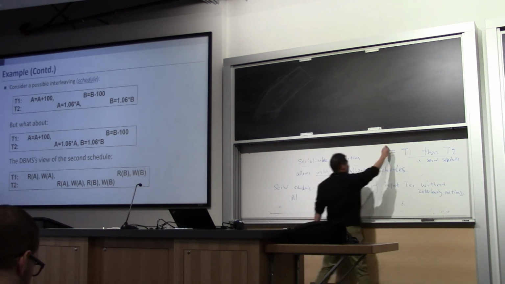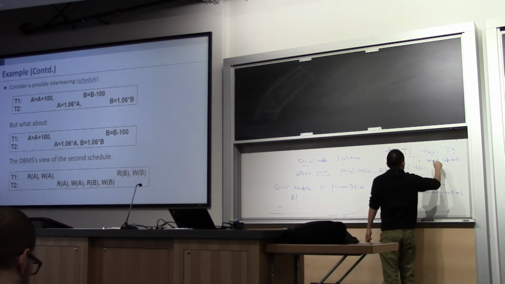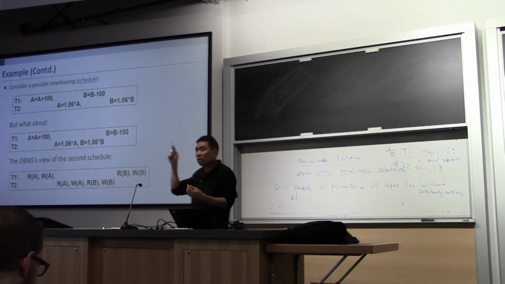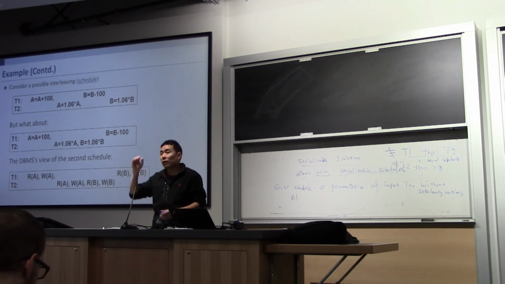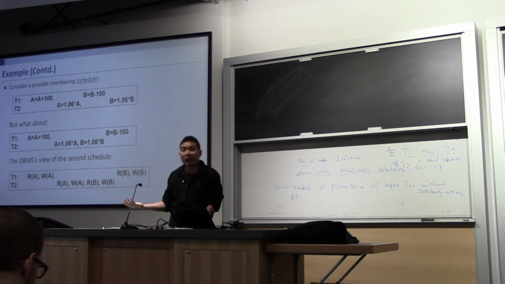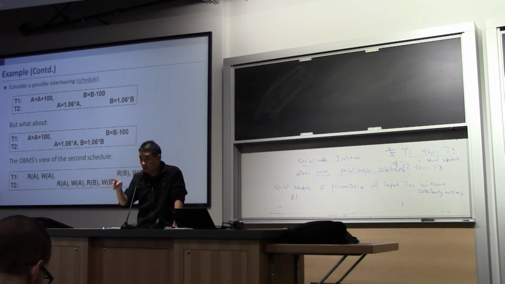It's not equivalent to T1 then T2, nor to T2 then T1. You only have two serial schedules because you only have two transactions, factorial 2 equals 2. If you are not equivalent to any of your serial schedules, then you cannot be a serializable schedule. Okay? All right.